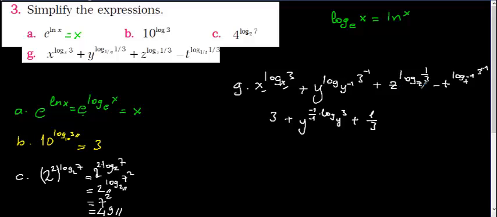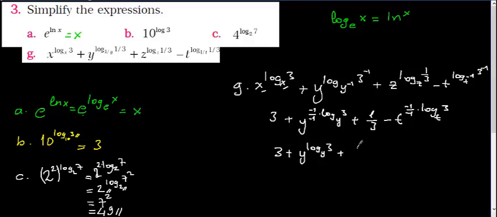The exponential base and logarithmic base are the same. Here minus t to the power of -1 over -1 again, this -1 numerator times logarithm base t of 3.